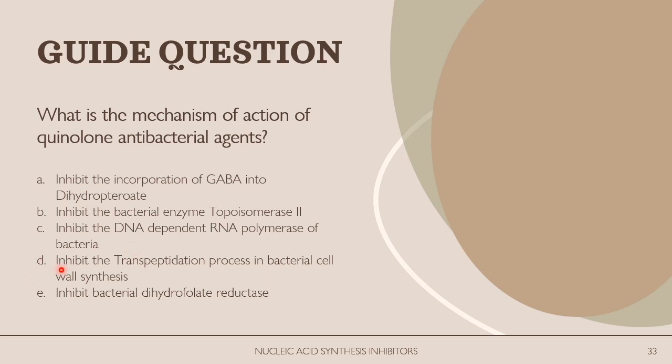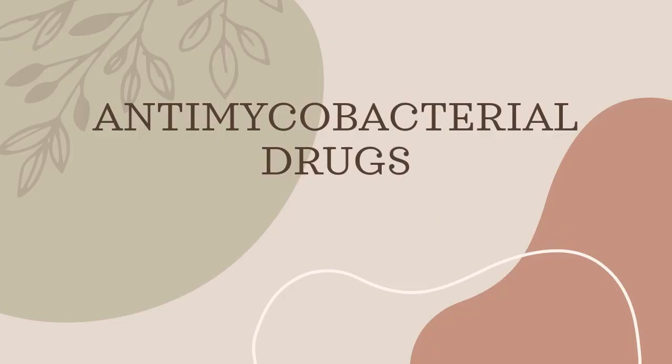Letter D, inhibit the transpeptidation process in the bacterial cell wall. This is the mode of action of your beta-lactams. Letter E, inhibit bacterial dihydrofolate reductase. This is the mode of action of trimethoprim and pyrimethamine.